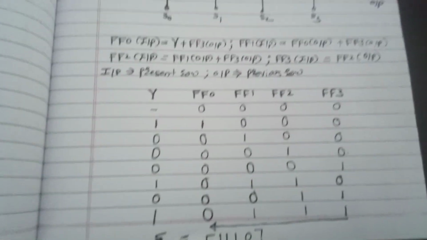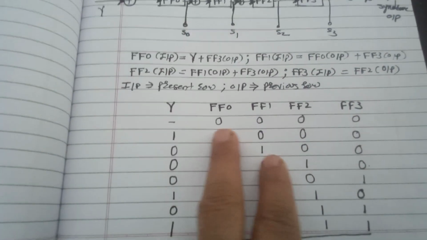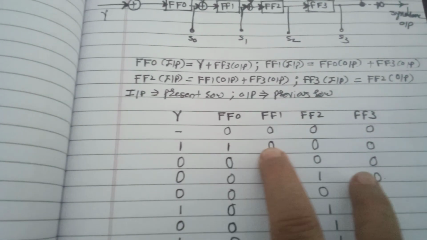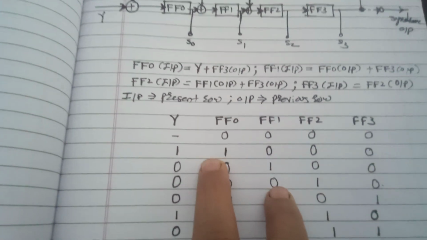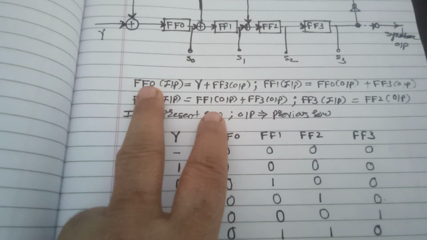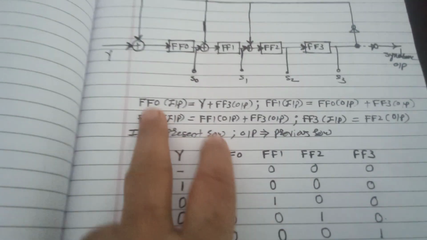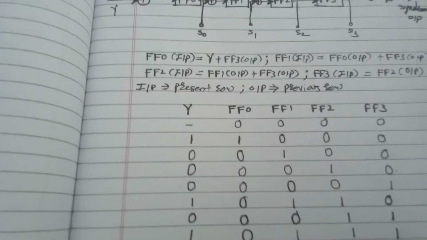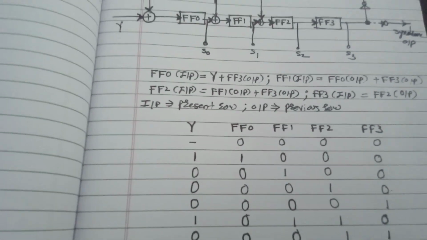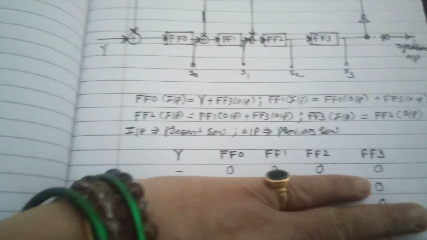So let us form this table. Flip flop 0, all these are the values computed by the input equations of these flip flops. So what is flip flop 0 input? This is the initial condition.